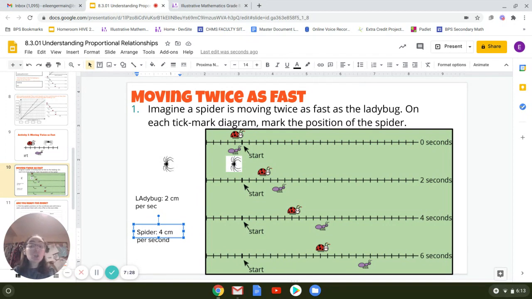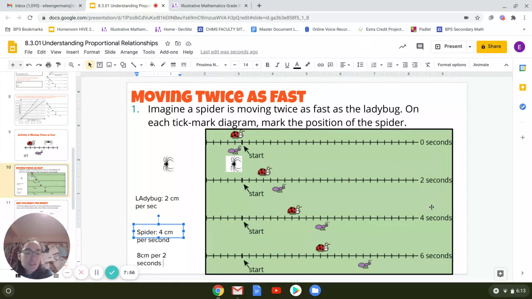So in 2 seconds, he's going to move how many tick marks? If in 1 second he moves 4 tick marks, in 2 seconds he's going to move another 4. 4 plus 4 is 8 centimeters per 2 seconds. Okay, 8 centimeters per 2 seconds.